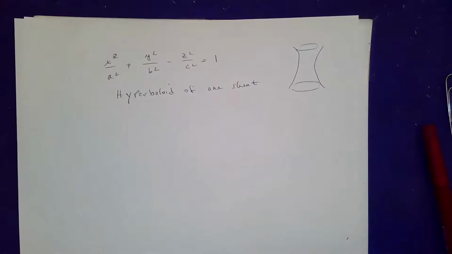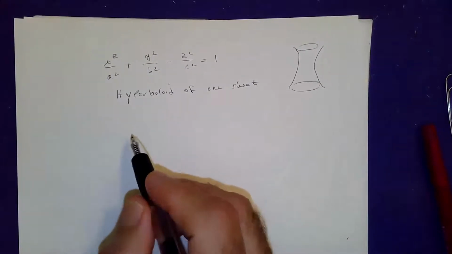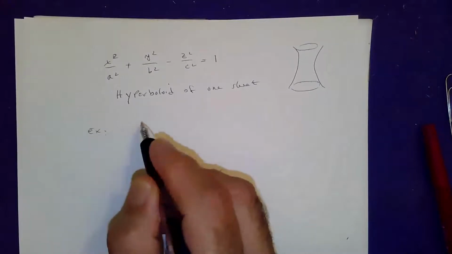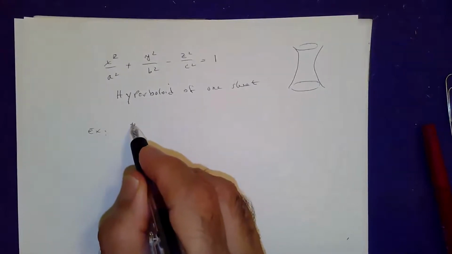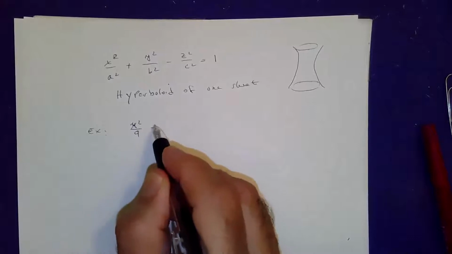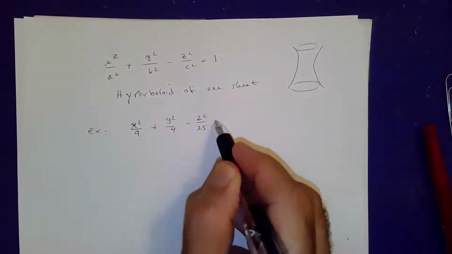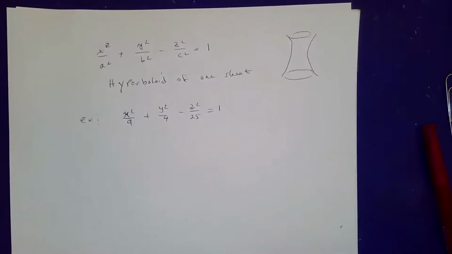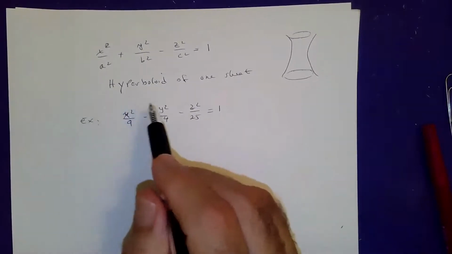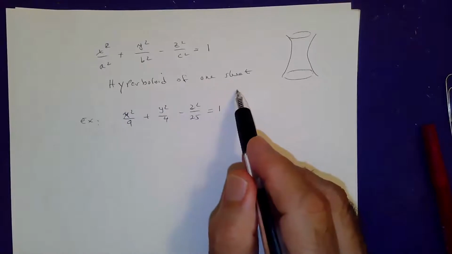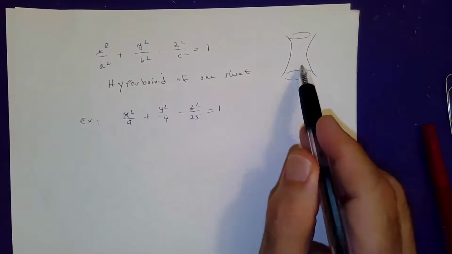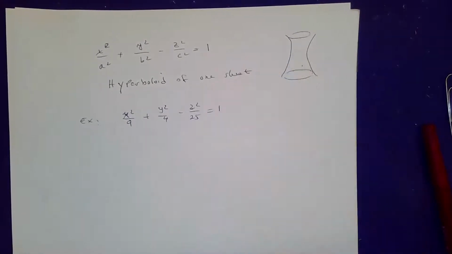Okay. So let's hit one example and see how you would go about graphing this. Let's say I got x squared over 9 plus y squared over 4 minus z squared over 25 equals 1. So it'd be nice if I identify what the name of the graph is, how it's going to look like, so I can work my way towards that graph.